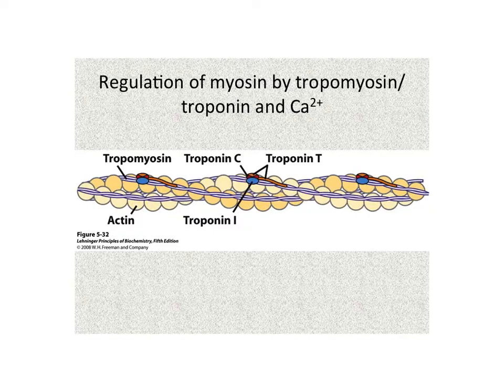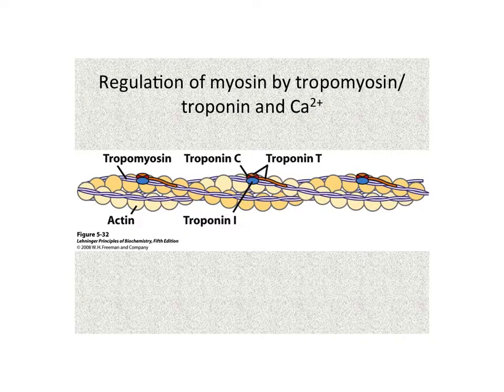In particular, we have the subunits I, C, and T, and troponin I is what prevents the myosin from actually binding. And then troponin C contains the calcium binding site, which is the signal for muscle contraction to occur. And then troponin T is what links the actual complex to the actin itself.